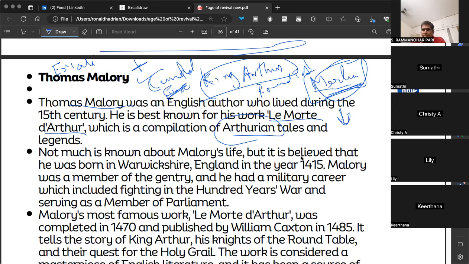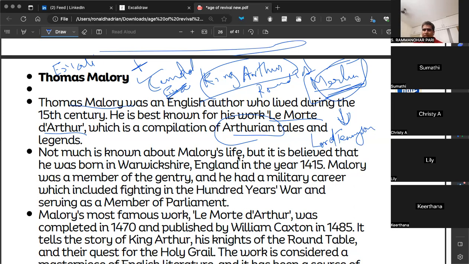Tennyson, very good. Lord Tennyson wrote an amazing poem connected with that. So they all belong to King Arthur's tales. So remember King Arthur's tales. And Edmund Spenser also, because the entire tale is based on the knights, King Arthur's knights, right?